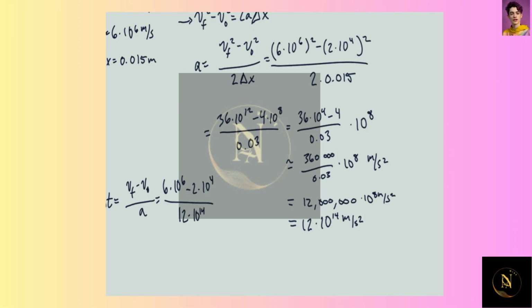As we can see, this will be a very, very small time since we're dividing by a very large number. We have 6 times 10 to the 6, that means 6 million, minus 20,000, divided by 12 followed by 14 zeros.